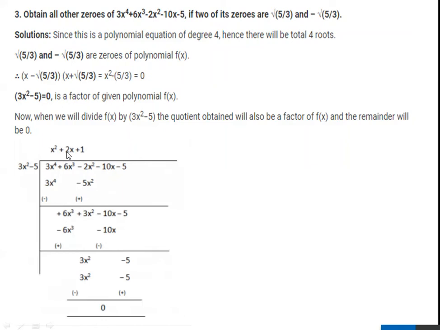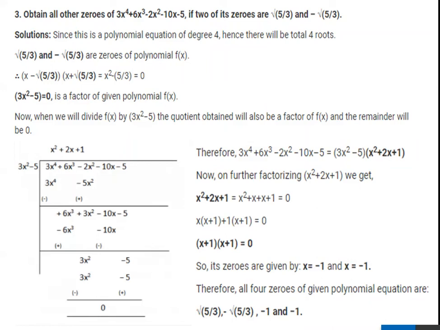This is a quadratic polynomial. You will know that the quadratic polynomial will have two zeros. So you should find the two zeros of that equation. Further factorizing, middle term splitting x square plus x plus x plus 1. Taking x from these two terms, x into x plus 1, and you will get x plus 1 into x plus 1 equal to 0.